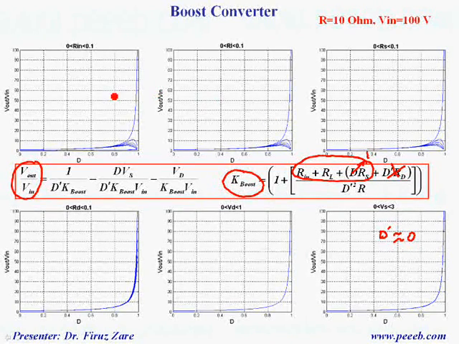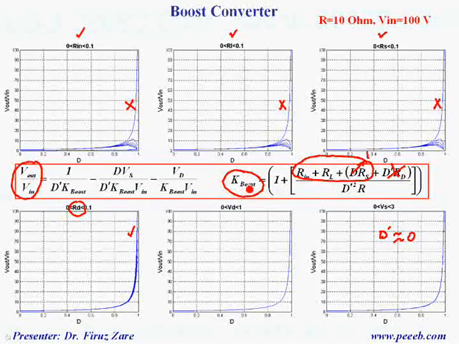Here we can see that the effect of Rin, RL, and RS at high duty cycle is significant, while the effect of RD at high duty cycle is not significant, and that's because of this description. That means K boost will be totally different compared to the ideal case, because of these three factors which change this factor.